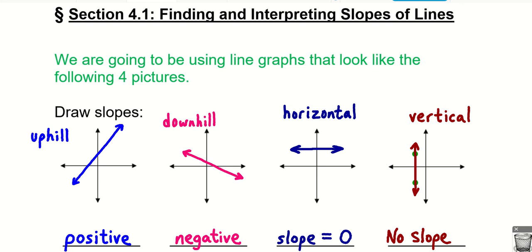I hope what's popping into your brain is that doesn't exist. We can't divide by 0. It's undefined. And that's basically why vertical lines have what we call no slope at all, or undefined slope. It's because when you calculate the slope of a vertical line, you are trying to divide by 0, and that is undefined. So that's why horizontal lines have slope equal to 0, but vertical lines have no slope at all, or undefined slope.